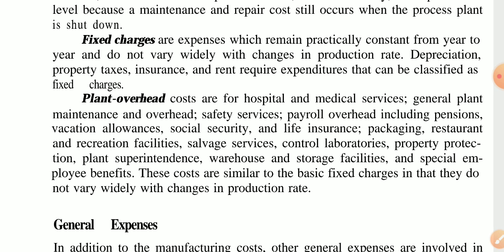For the detailed items, the unit cost estimate covers hospitals and medical services, general plant maintenance and overhead cost, safety service, and payroll overhead cost.